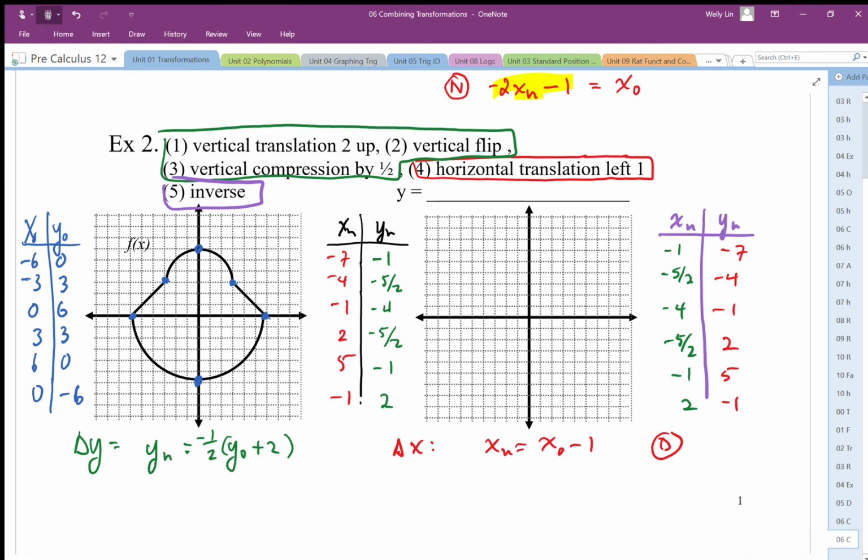So, drawing in these coordinates, negative 1, negative 7, give me that point there, negative 2.5, negative 4, maybe right about there, okay, negative 4, negative 1, negative 2.5, positive 2, so it's going to be there, negative 1, positive 5, it's going to be there, and then 2 over negative 1.